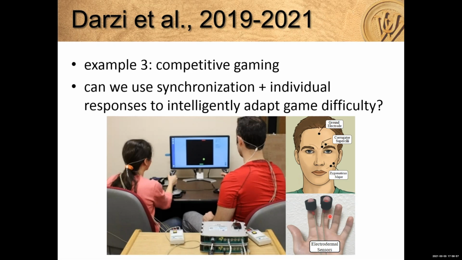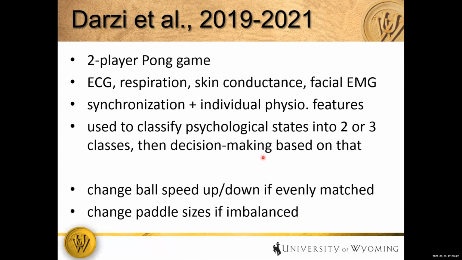We calculated in real time the synchronization between both participants' physiological responses, and we used that as a basis for game difficulty adaptation. We classified psychological states into different classes that basically said, okay, participants are evenly matched.